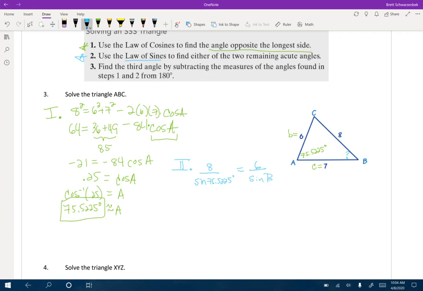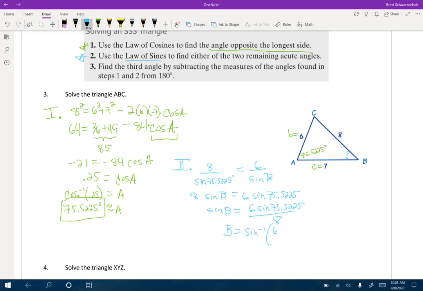So we're going to get 8 times the sine of angle B is equal to 6 times the sine of 75.5225. We divide both sides by 8. So we're going to get sine B is equal to 6 sine 75.5225 over 8.